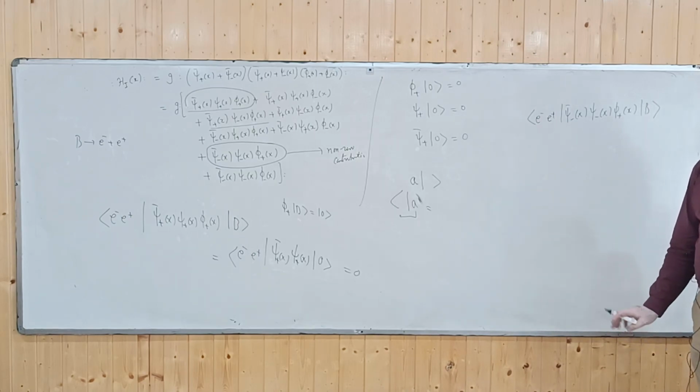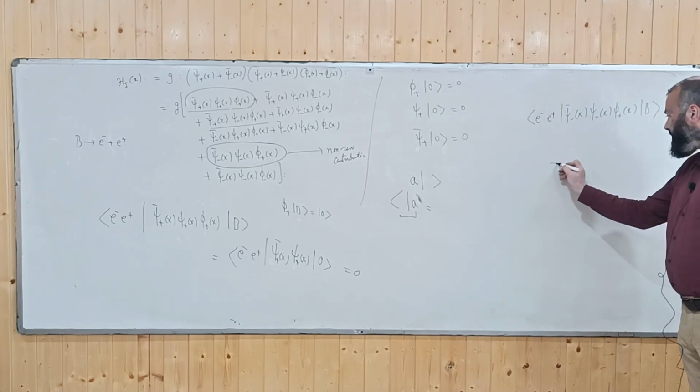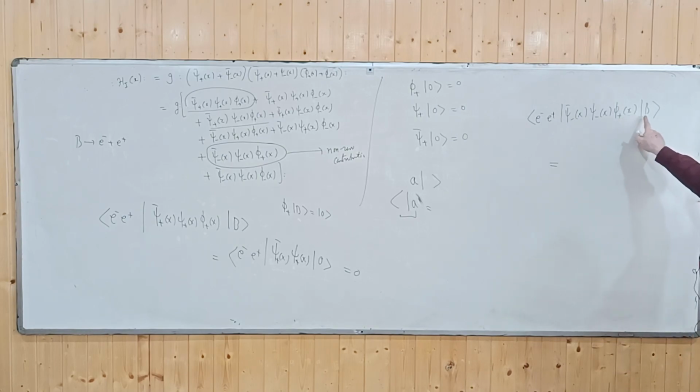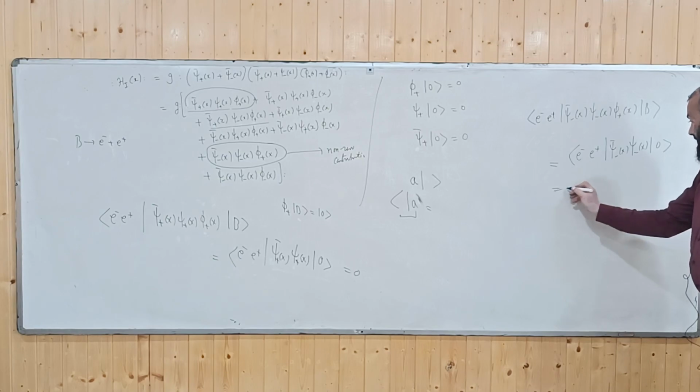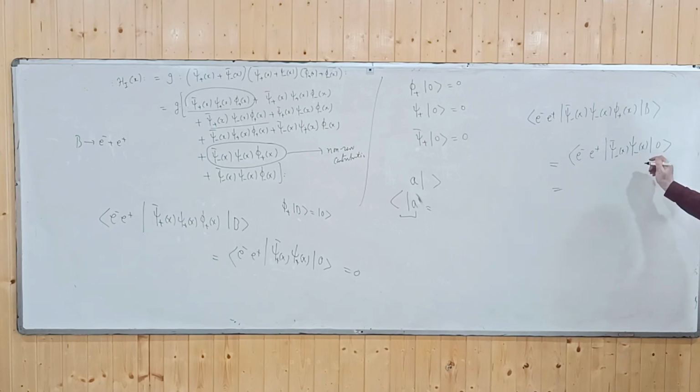What does it give me? Phi plus of x on the boson gives 0. Then you have psi minus of x, psi bar minus of x, and this electron, positron. Now this will create an antiparticle, and this will create a particle. Clear?